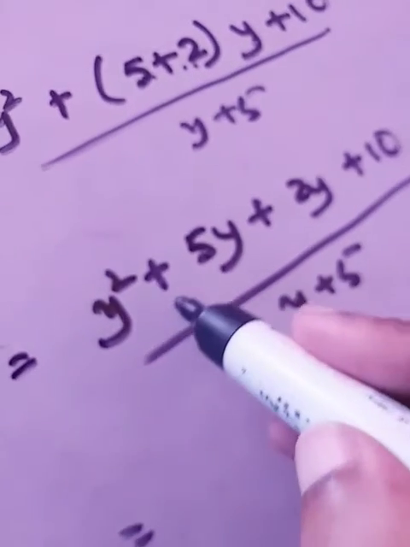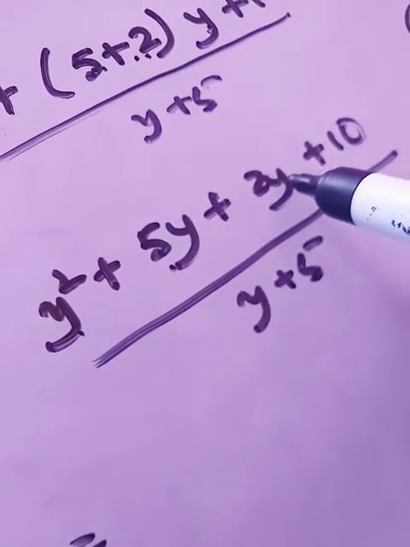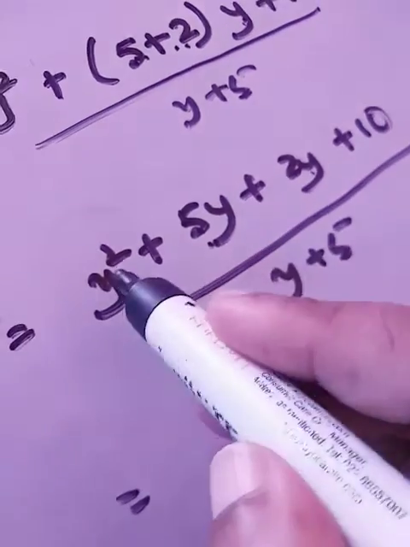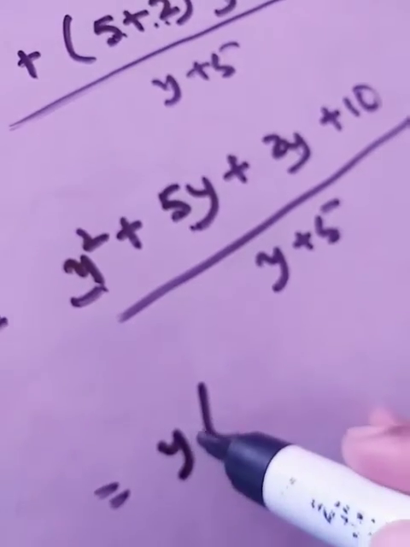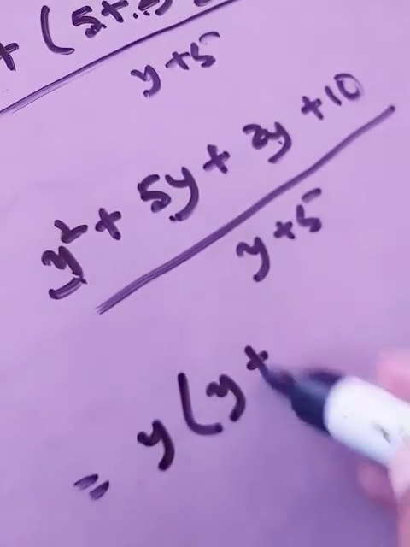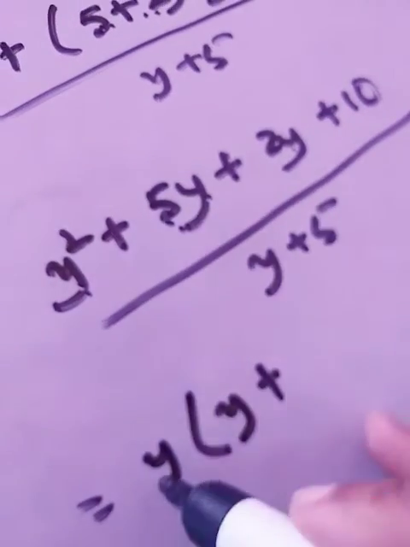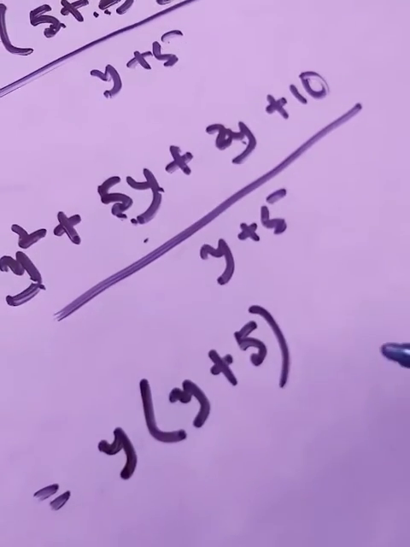Now we take a common factor from the first two terms, and also from the last two terms. From these two terms the common factor is y. If you divide y square by y, the answer is y, and if I divide 5y by y, the answer is 5.